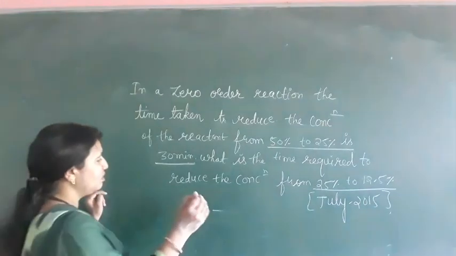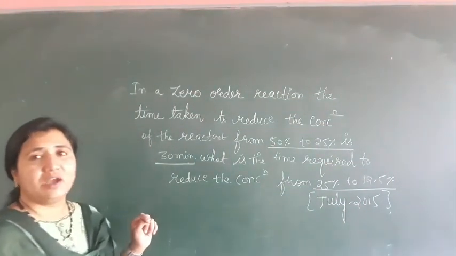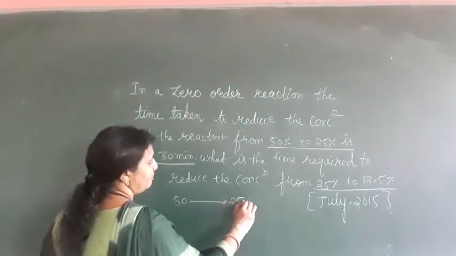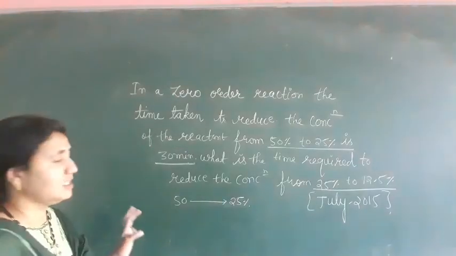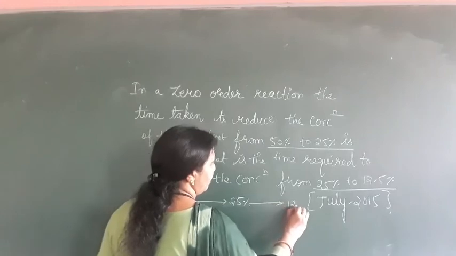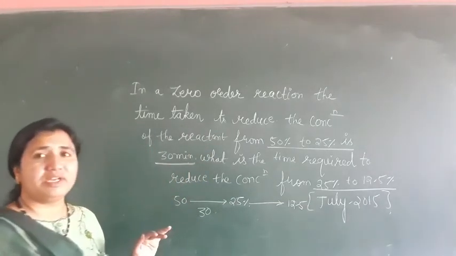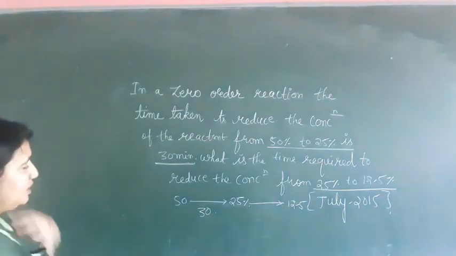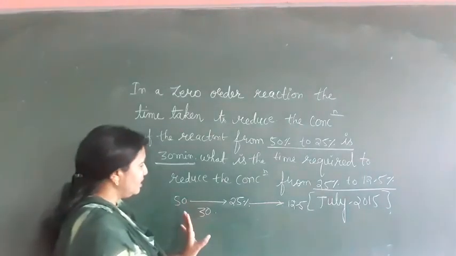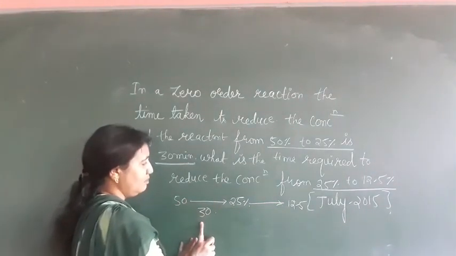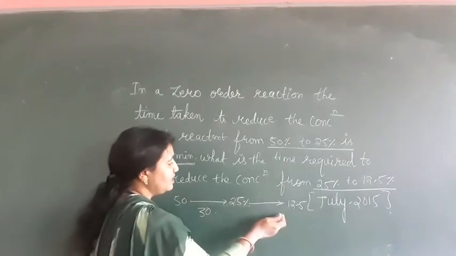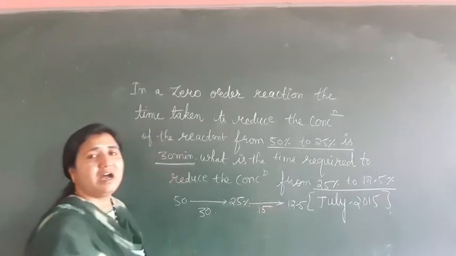Remember, in a zero order reaction, from 50 to 25 it is reduced by half in 30 minutes. Now from 25 to 12.5, it is again reduced by half. In a zero order reaction, as the concentration decreases, the time also decreases. Half reduced means the time is also reduced by half, that is 15 minutes.